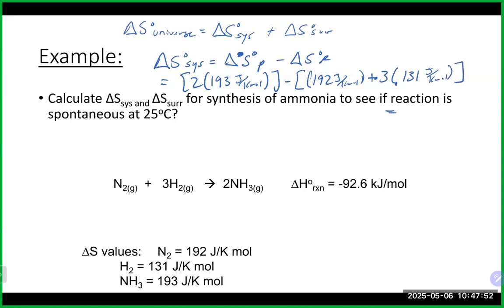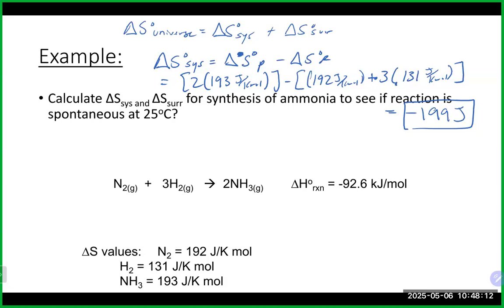That is going to get us 193 minus 192 plus 3 times 131. We'll go with negative 199 joules in this case, and that's the delta S of the system.